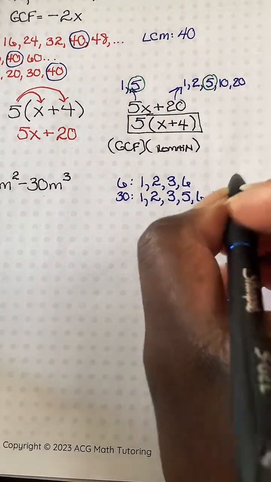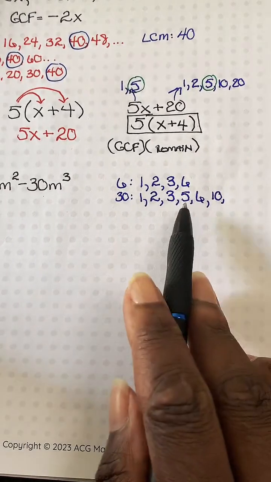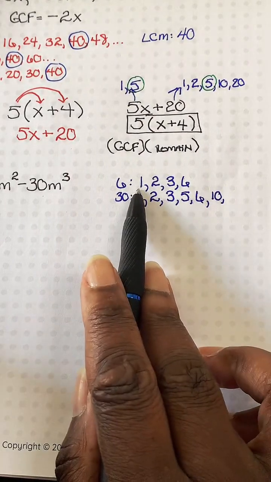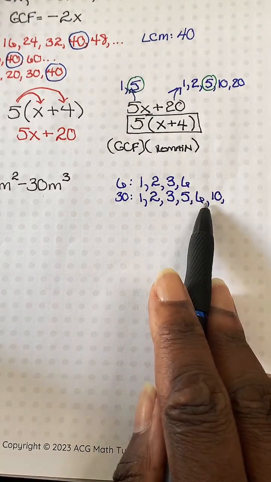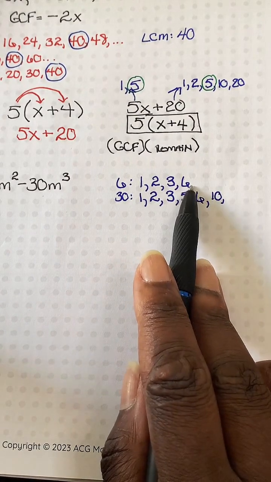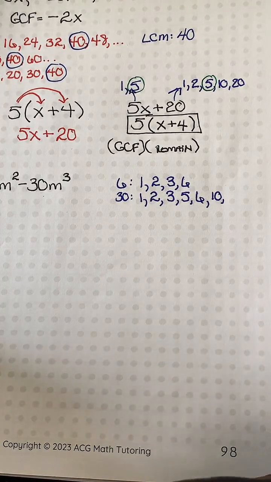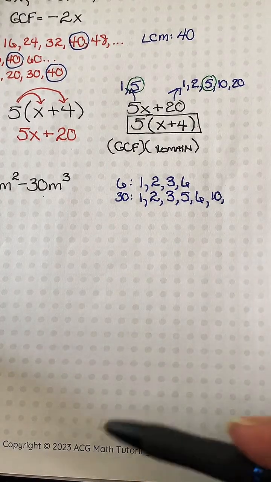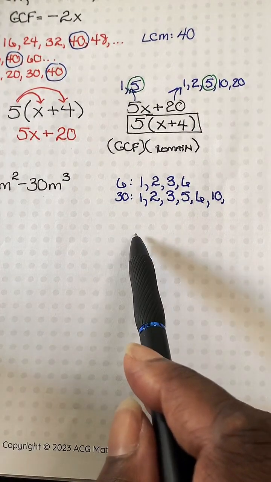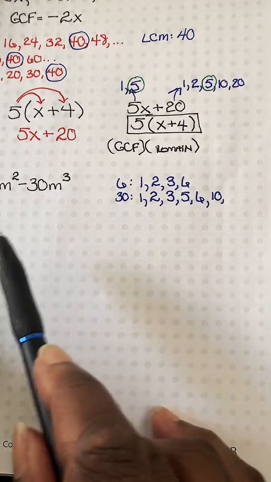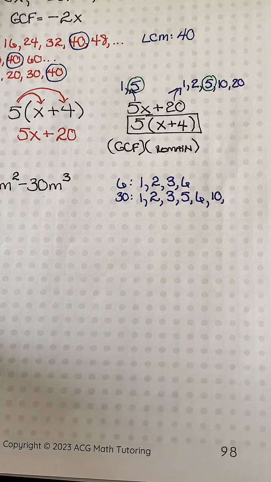I'm going to stop at 6, because I couldn't go further with the 6s. Remember, when you're taking these exams, you're going against time a little bit. So now I can say, all right, I'm looking for the greatest common factor.